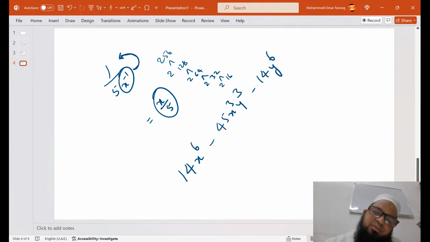And 45, how can I write it? It doesn't work with 28 plus 14, and 35 also doesn't happen, then 42 also does not happen.